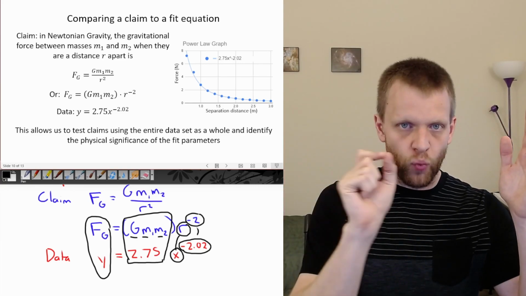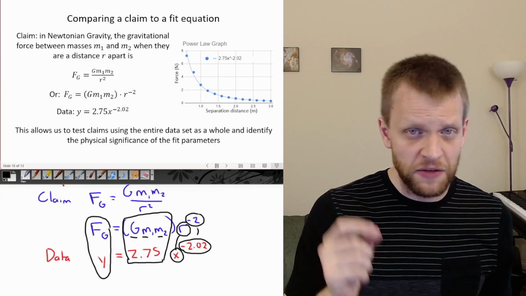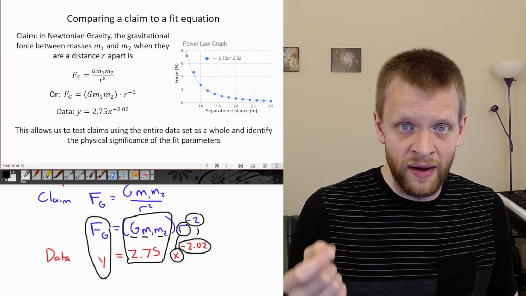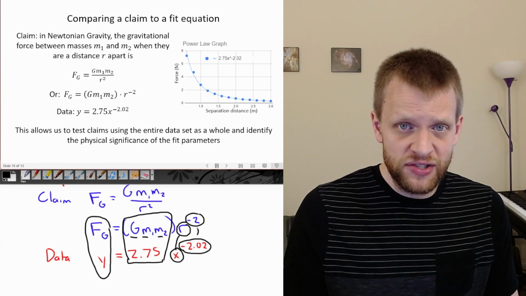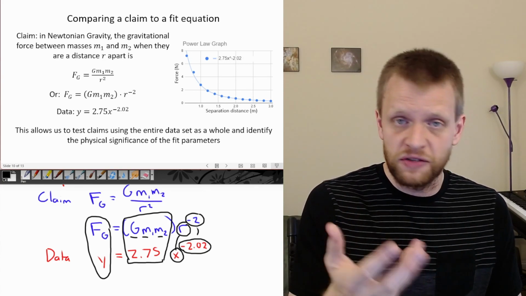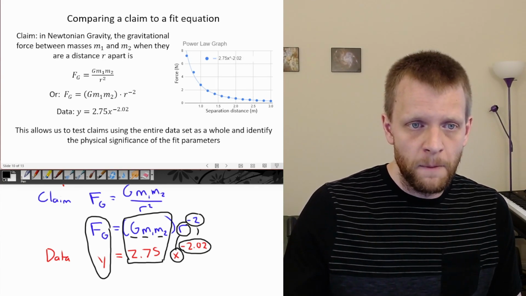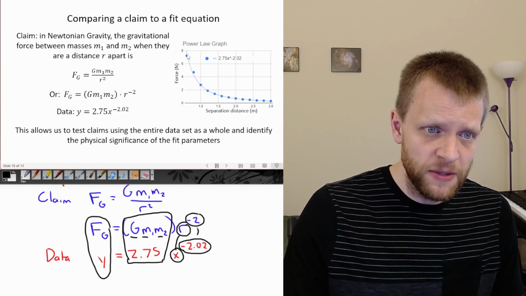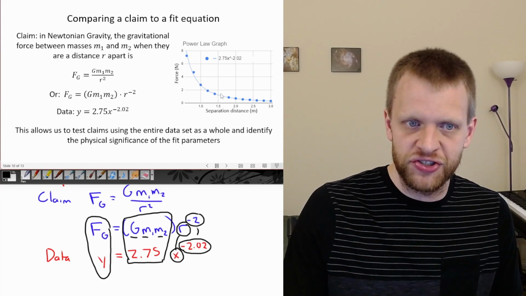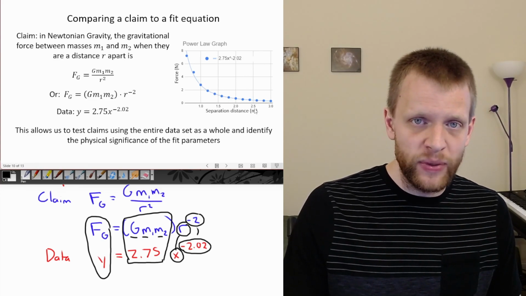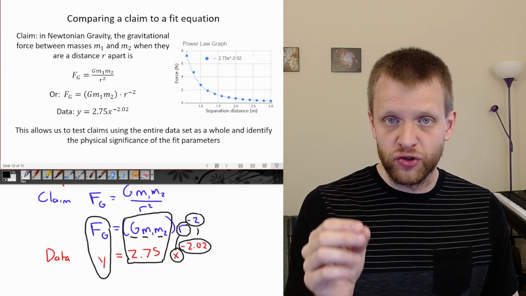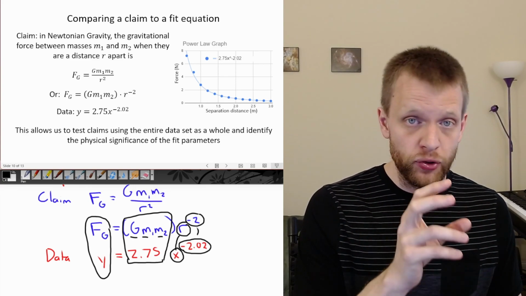We're not looking at one data point at a time, because if I just have one individual data point, it's really hard to determine how much noise there is. Is this consistent with the rest of the data that I've taken? By applying these best fits, we find the pattern in the entire set of data, and we can find whether that pattern of experimental data matches up with the claim or not.